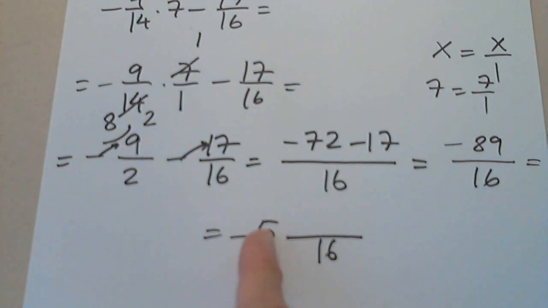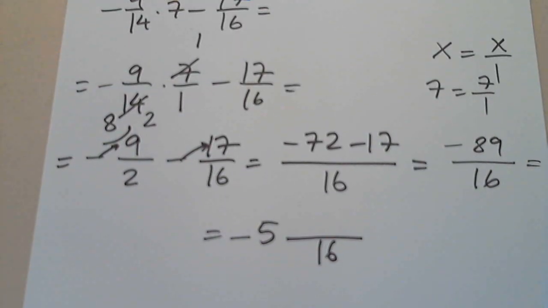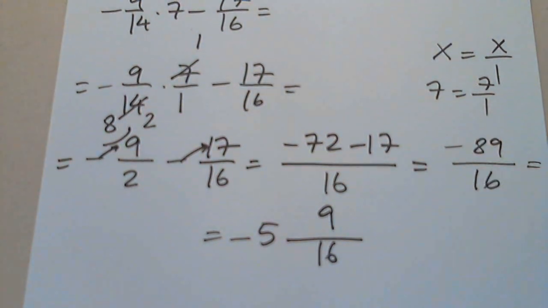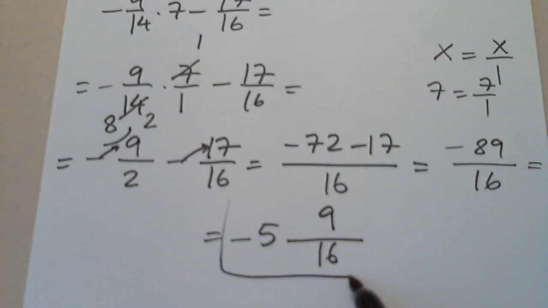From 89, I subtract 5 times 16. And that is a remainder at the top, which is 9. So I have 9. Remember, this fraction has to also be fully simplified. 9 and 16 are fully simplified, so.